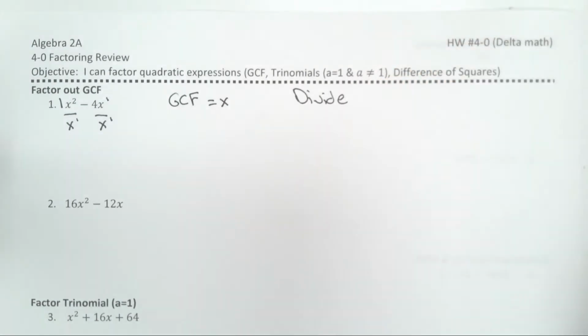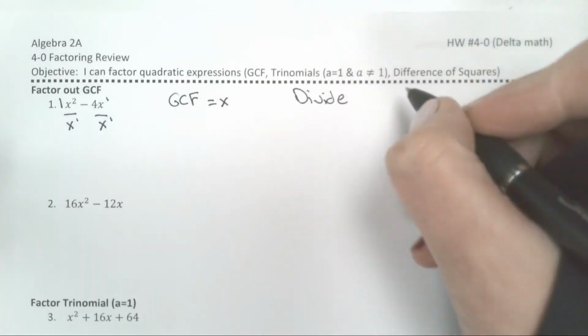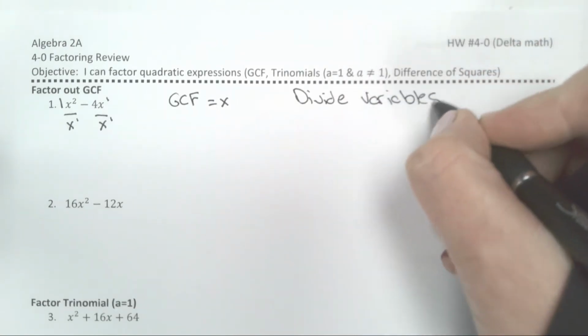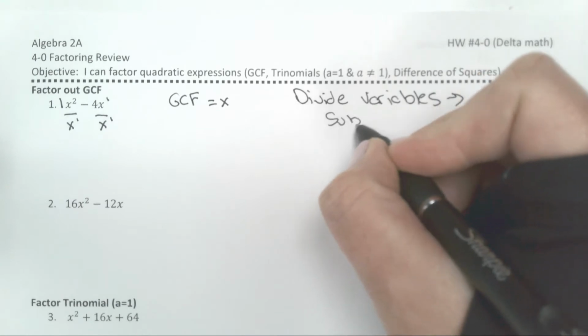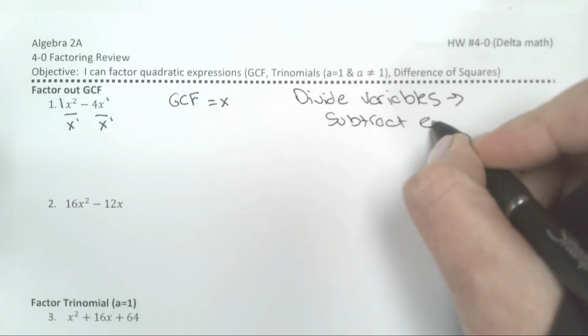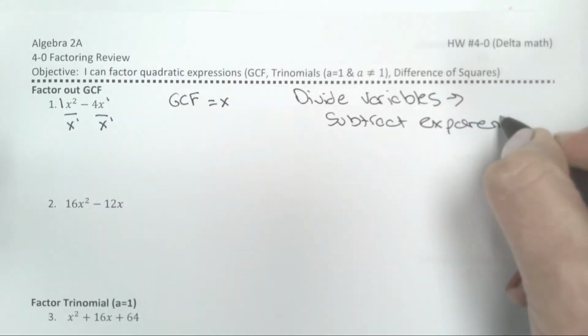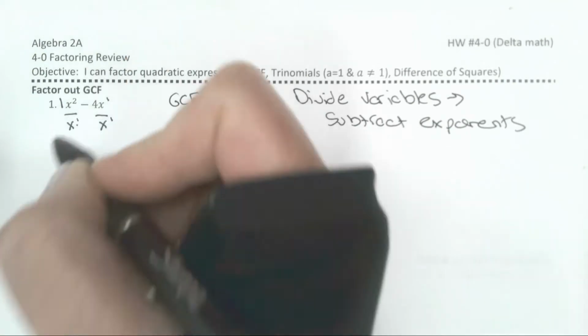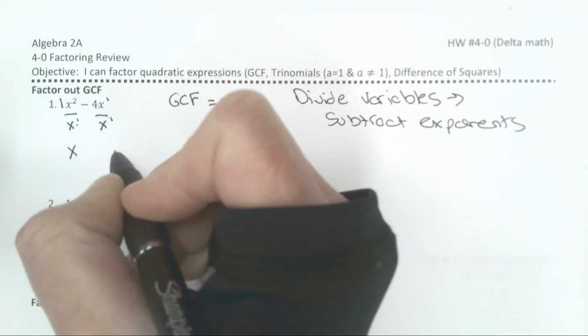And we did this a little while earlier, so hopefully you remember when you divide variables, we are going to subtract their exponents. So x to the second divided by x to the first, I'm going to go 2 minus 1, which is 1.